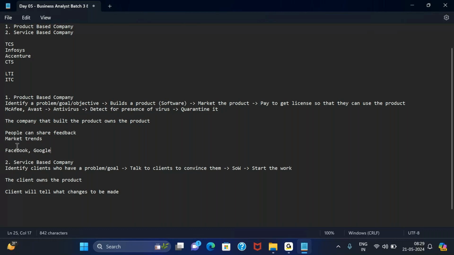The reason I'm giving these examples is that we all, in one way or the other, have used their products. People like you and I don't tell Google or Facebook what features to put in. We don't tell them what the next feature should be. They build a product, they roll out the updates, and we start using them.